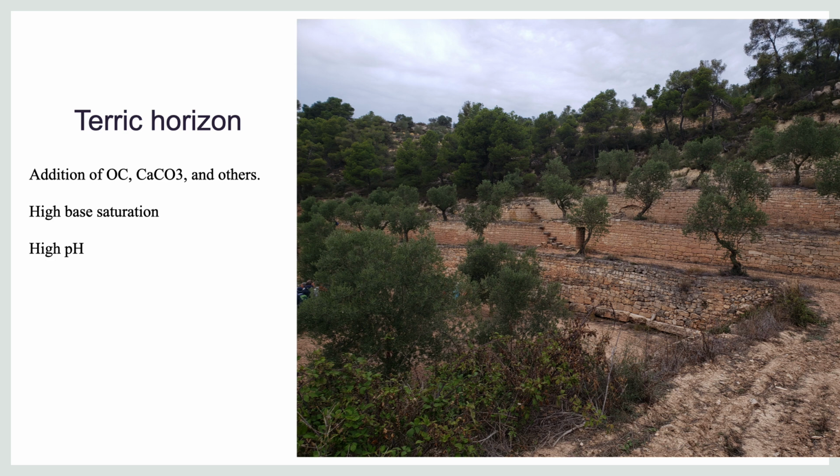The addition of material is basically material brought from the surrounding areas, and they bury some horizons and some layers trying to create flat surfaces. And because of the addition of material from the surroundings, especially mineral material, they create high base saturation horizons, high pH horizons, and high fertility soils too.